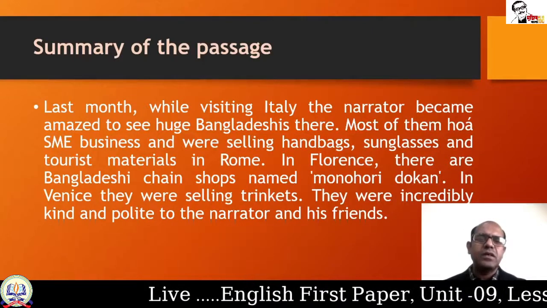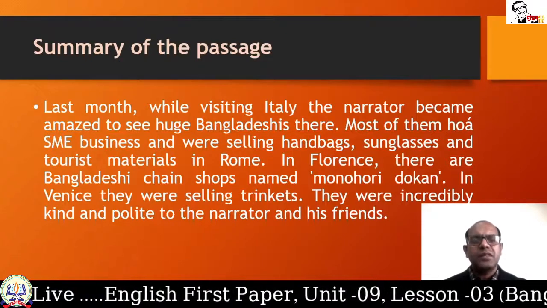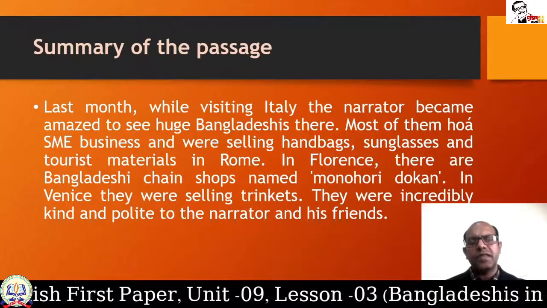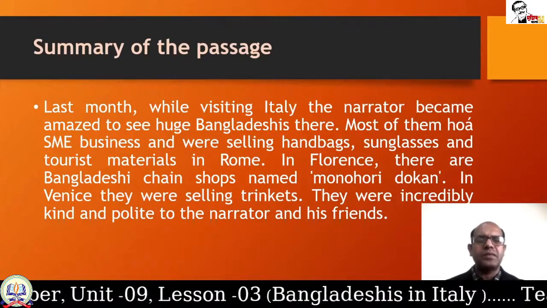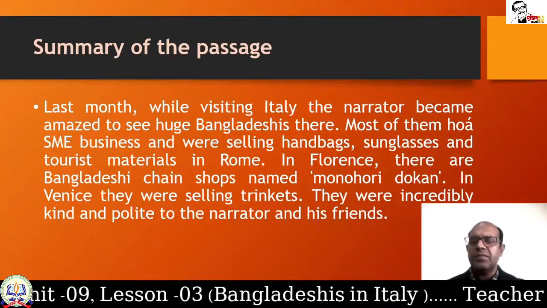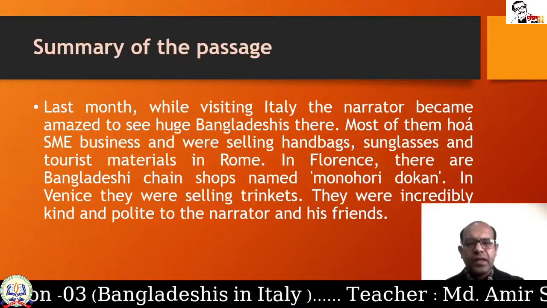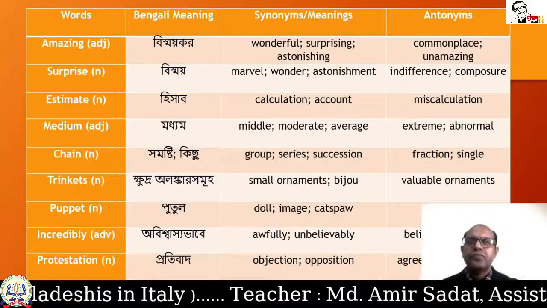And you know that Monohari Dokan is a kind of dokan where various types of things are sold. Here it means some sunglasses, some bags, some ornaments, some puppets, some trinkets, etc. And in Venice, they are selling trinkets, and they were incredibly kind and polite to the narrator and his friends.